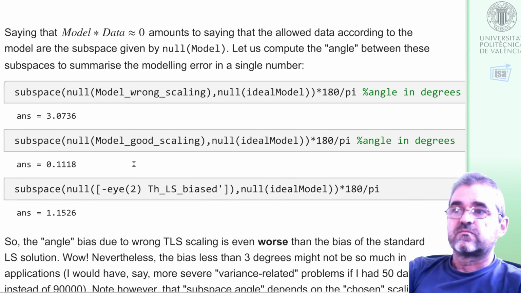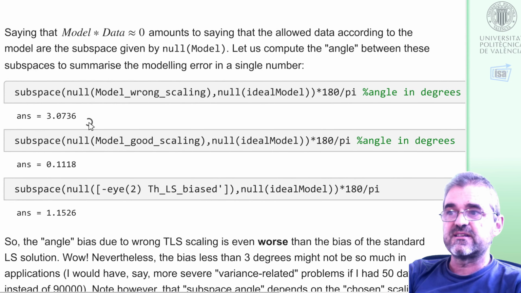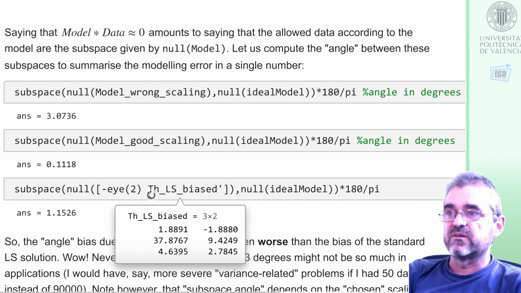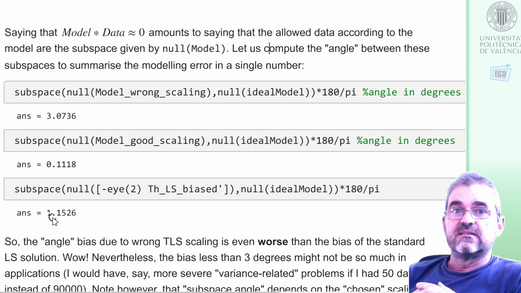Then the wrong scaling model had an error, let's say, of 3 degrees. The unbiased total least squares with good scaling had an error of 0.1 degrees. And the biased least square model had an angular error. Don't know what it is, but with one number, this angle, I get an intuitive interpretation of what I am doing.